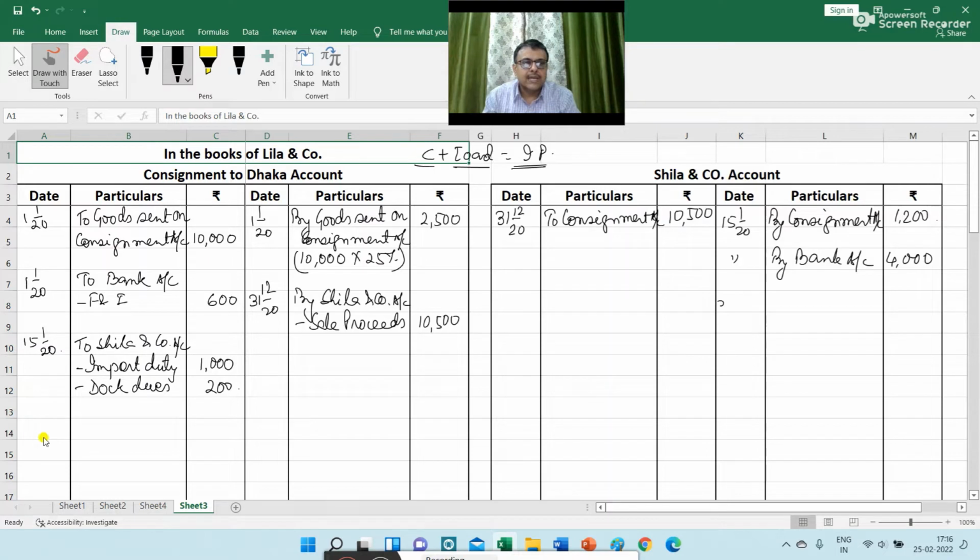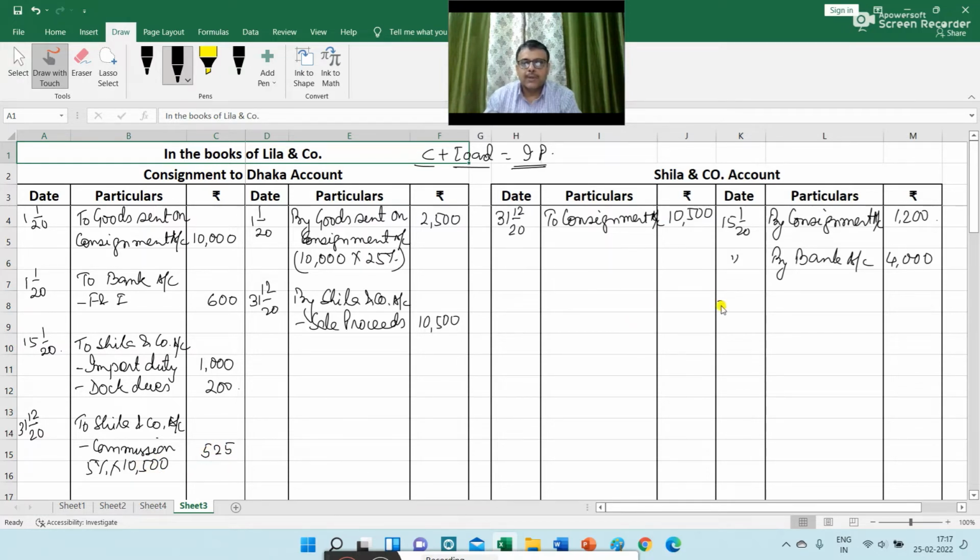It is given that Sila and Company is entitled to 5% commission. So on 31st December 20, I am writing to Sila and Company account the amount of commission, which is 5% of sale proceed, that is 5% of 10,500, and the amount is 525.